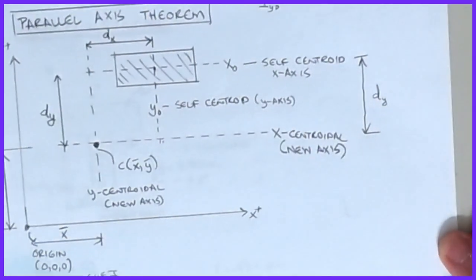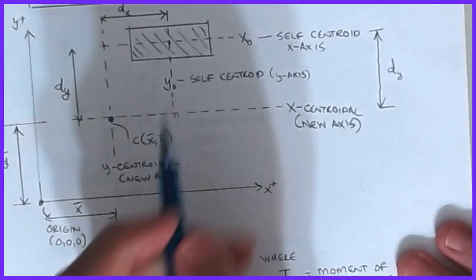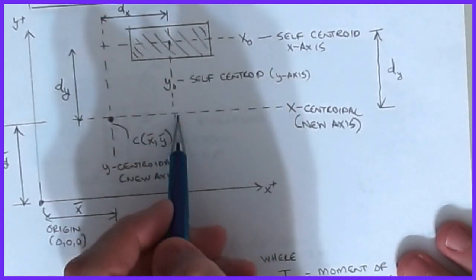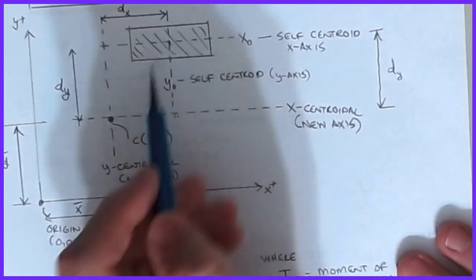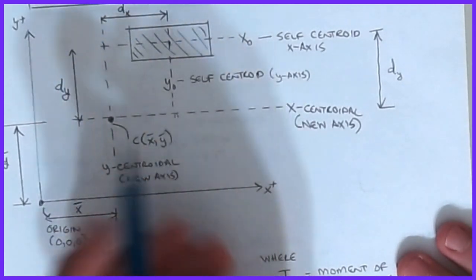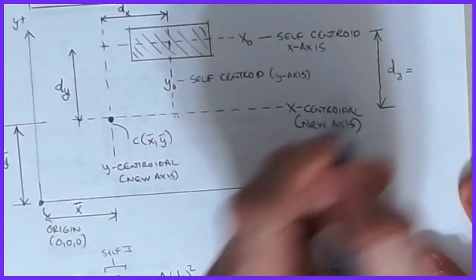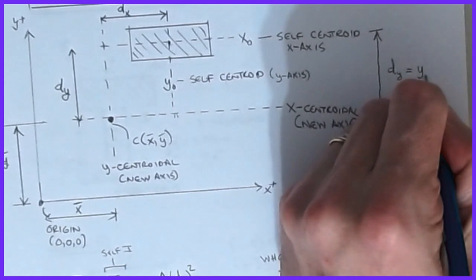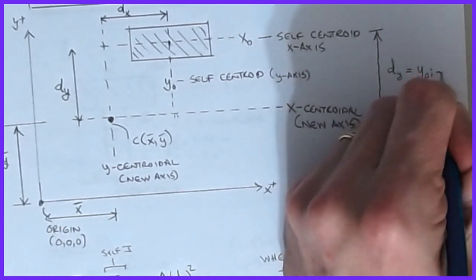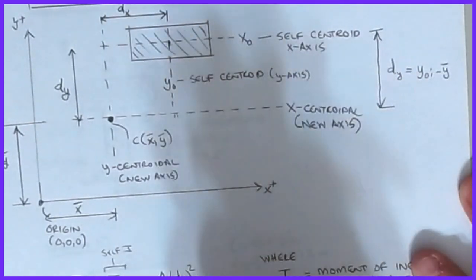That's dy. If you're above the axis that you're going to, it's a positive value. If you're below the axis you're going to, it's a negative. It's not a big issue. It turns out that this is basically your y naught minus y bar.